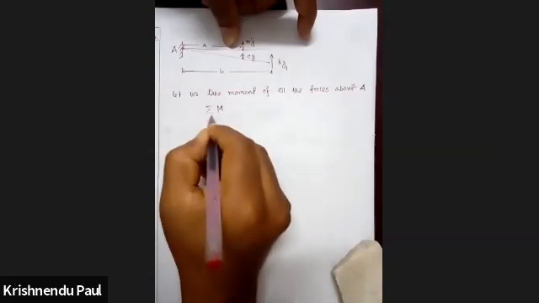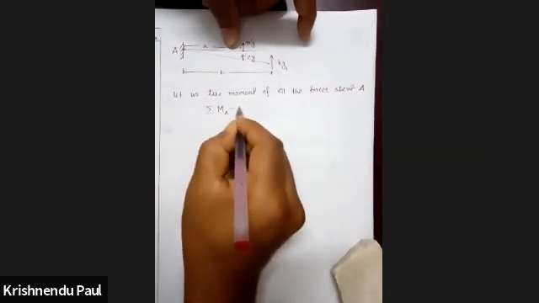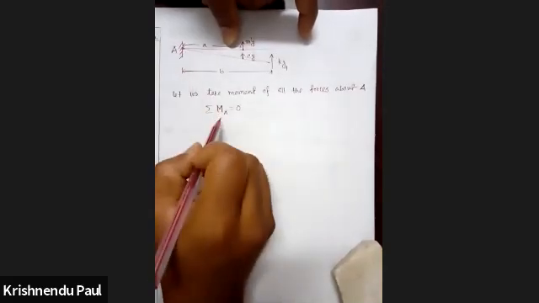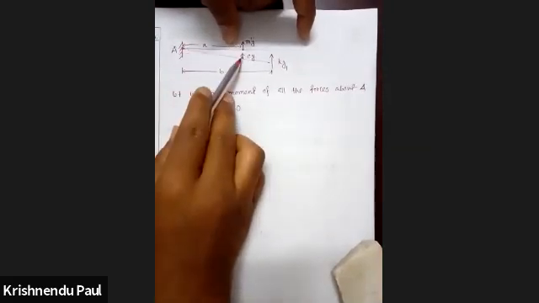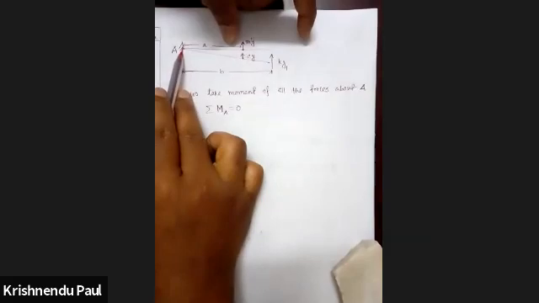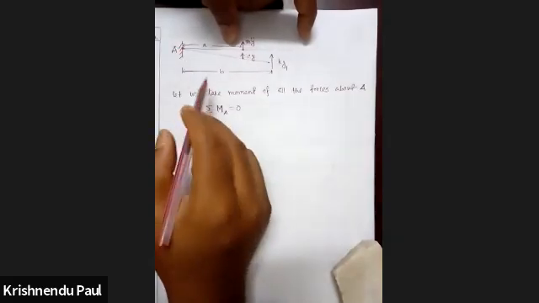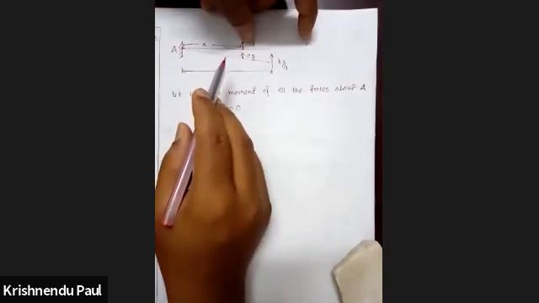Summation of moment about A will be equal to 0. If it is fixed, then you cannot write this. As it is a hinge, the bar can freely rotate, so there is no resistivity at this hinge point.